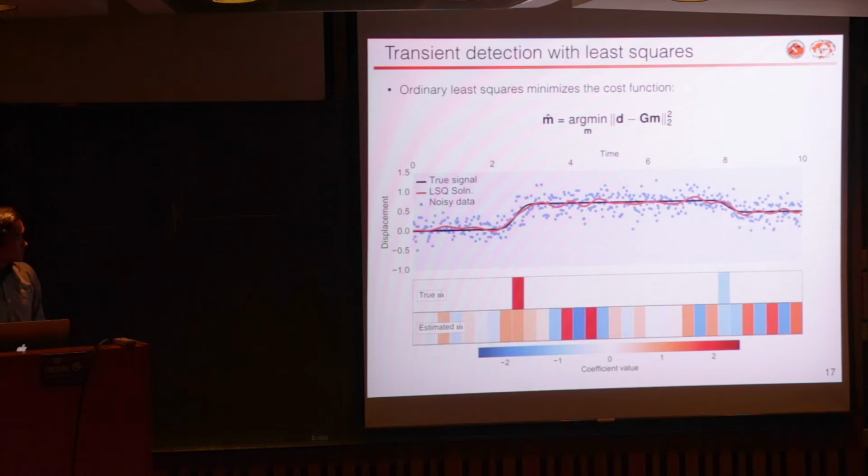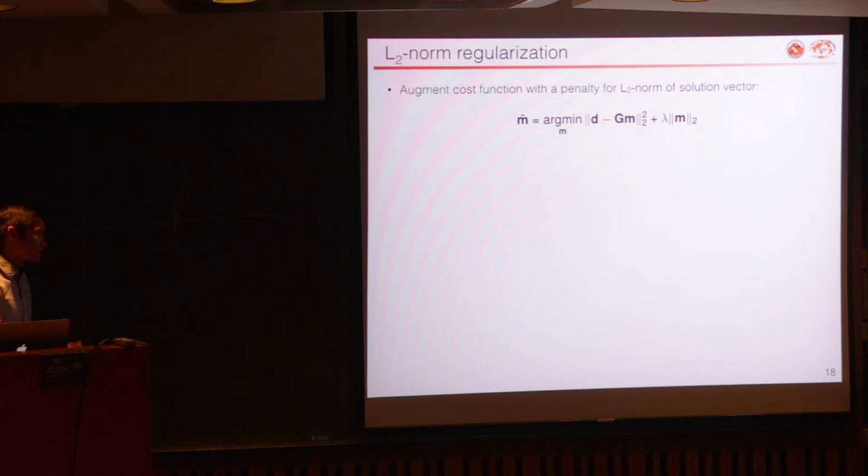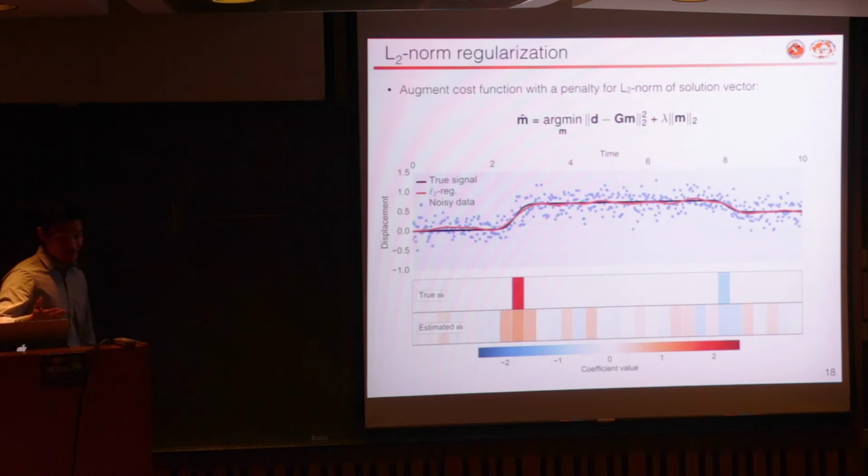And okay, so to do a little better, you can use regularization. We know that these values shouldn't be fully unconstrained. We want to minimize the size of the vector m when we know that G is ill-posed. And so usually what you see in science is you take the L2 norm, you have a joint cost function where you add on a penalty for the L2 norm, which is the sum of the squares.